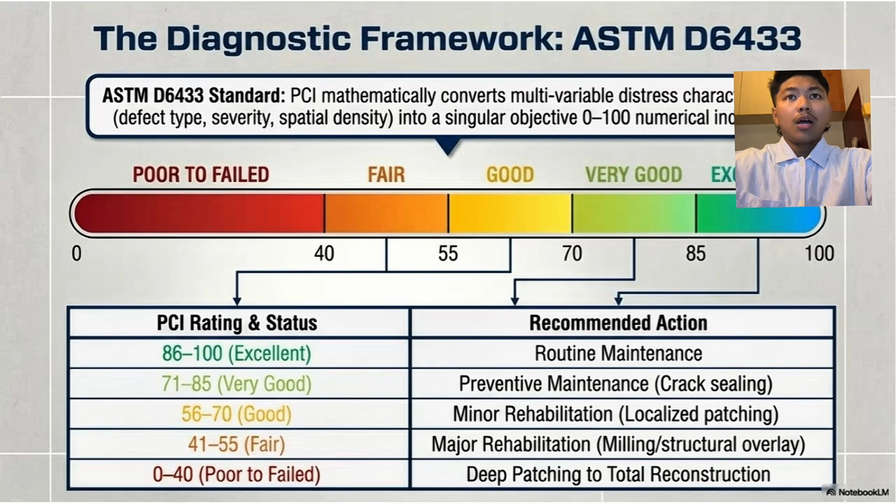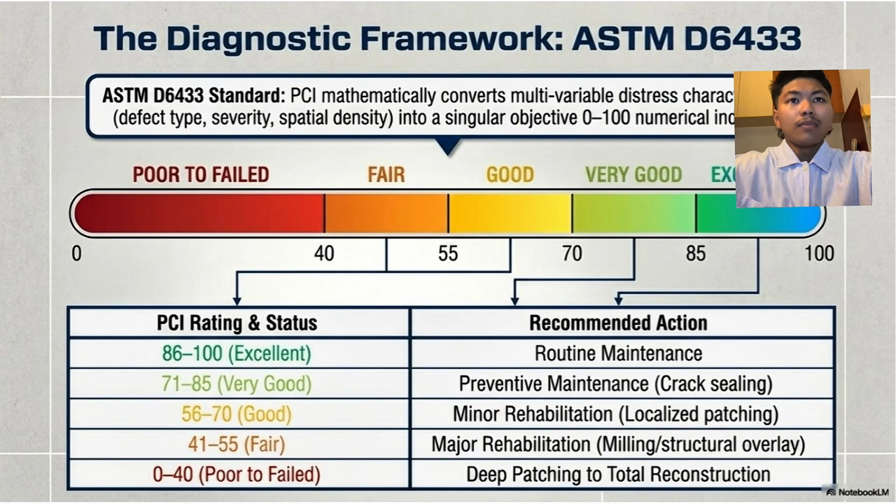Next, I will explain the diagnostic framework, ASTM D6433. The ASTM D6433 standard is a PCI that mathematically converts multi-variable discrete characteristics, which are defect type, severity, and density, into a singular objective 0 to 100 numerical indicator.